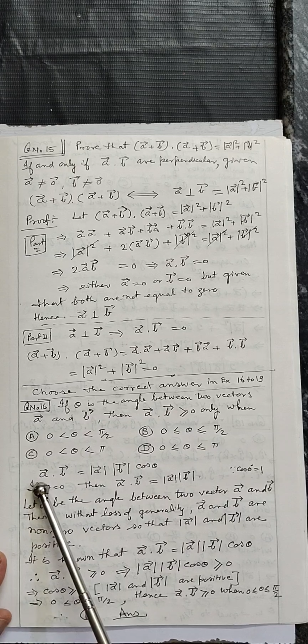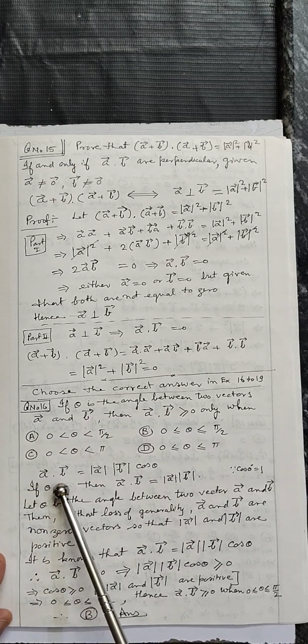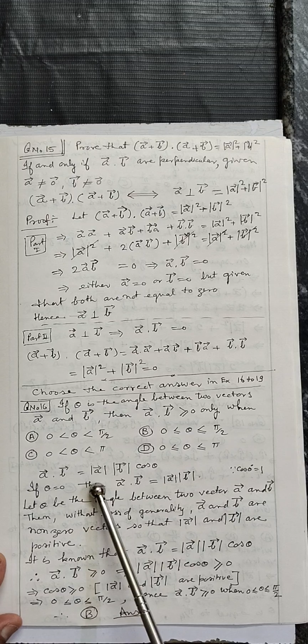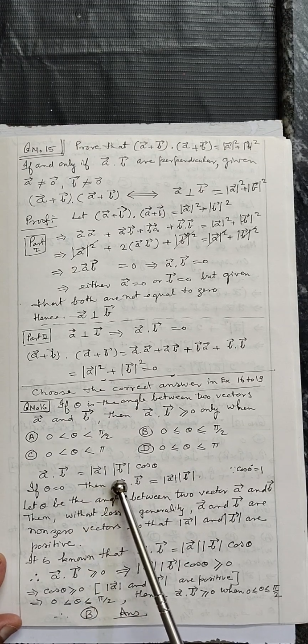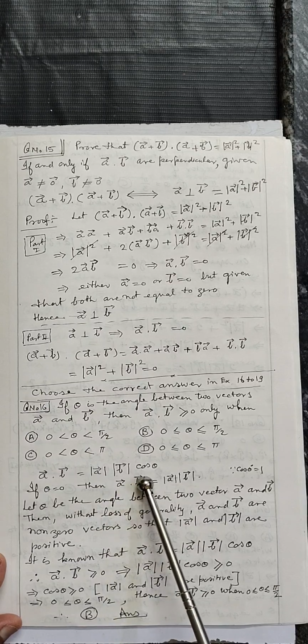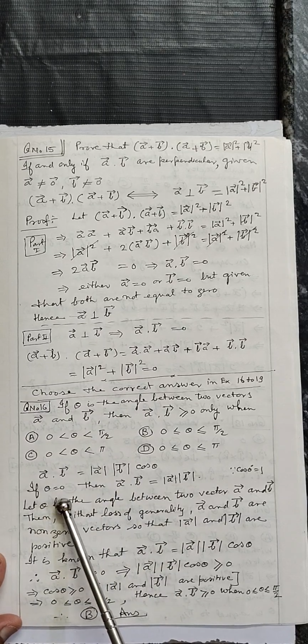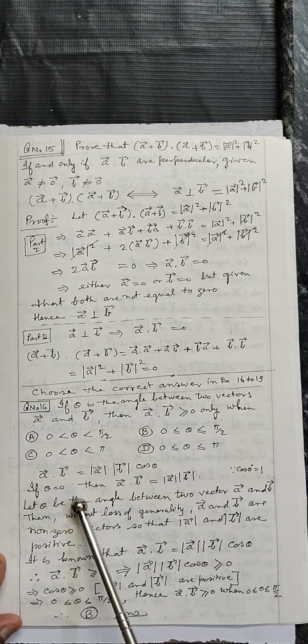Now the vector A dot vector B will be equal to the magnitude of vector A into the magnitude of vector B cos theta. If theta is equal to 0, cos theta will be equal to 1.